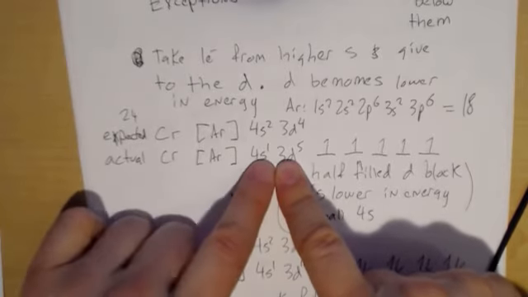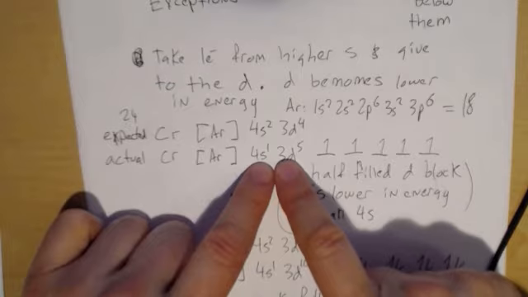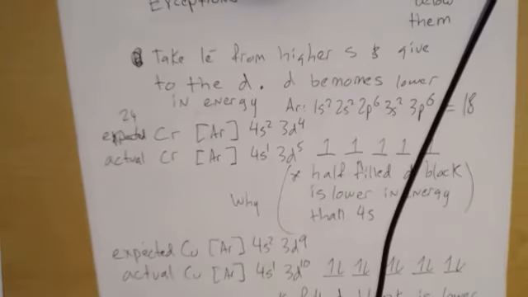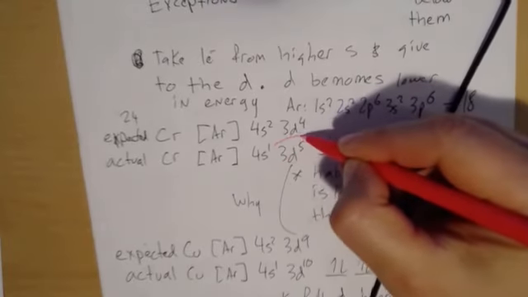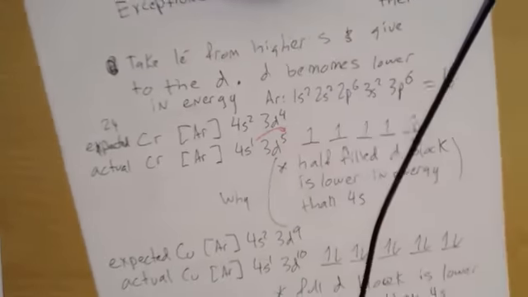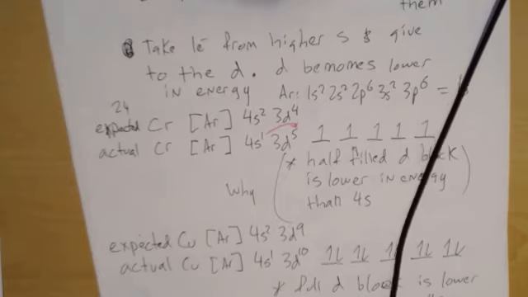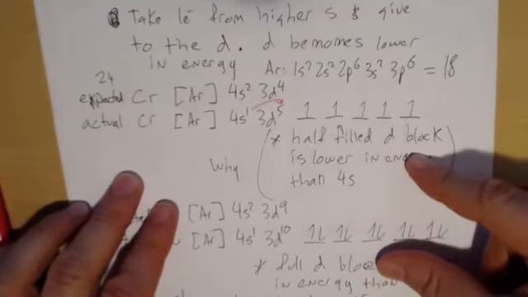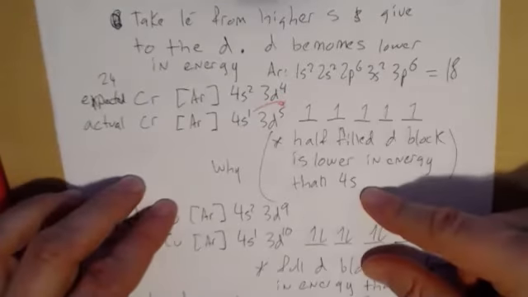So that perhaps was unexpected, but when we look at it, it steals an electron, maybe I should show that in pink. Okay, I'm going to use pink. It steals an electron from the S and gives it to the D. When it does that, it gets a half-filled D block, and it lowers the energy of the D block, making it lower than the 4s.